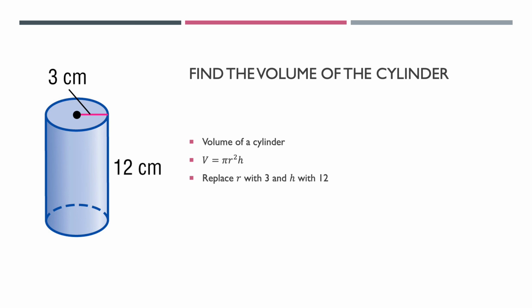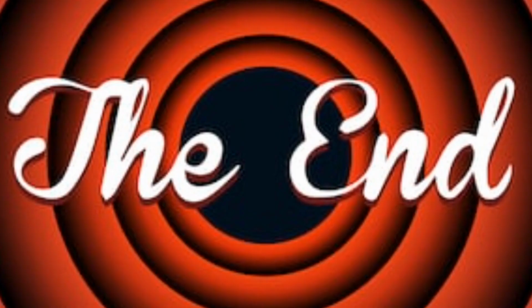Replace the r with 3 being our radius and h being 12, like so. Simplify it up with a calculator, and we're going to have to round, so we get approximately 339.3 cubic centimeters. And that is the end of our slideshow.